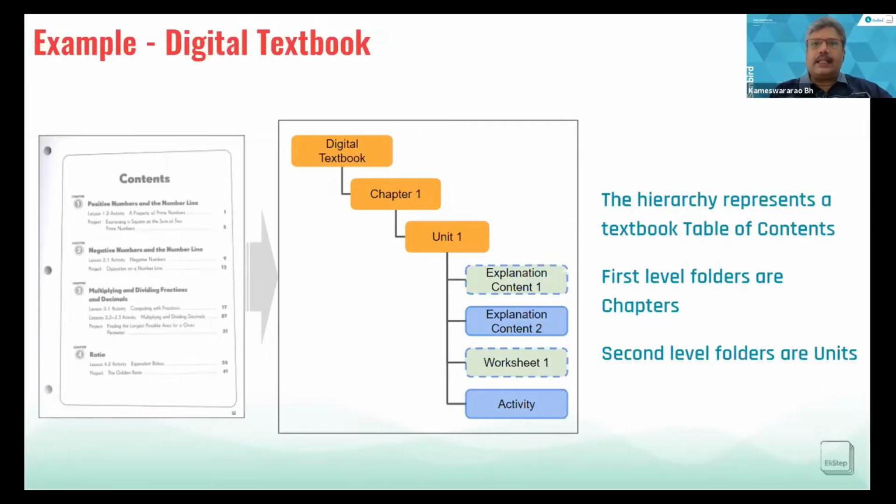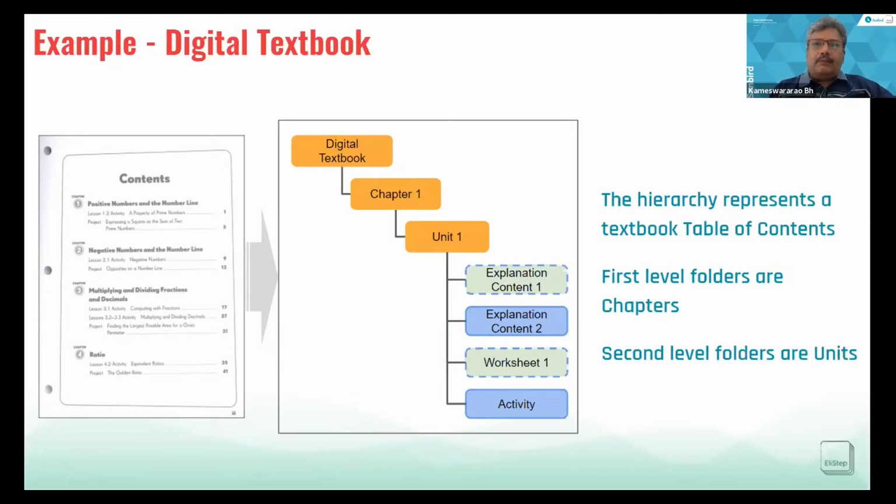For example, a digital textbook. You can define a digital textbook as a collection category, and say that it will have 2 levels of hierarchy. My first level is called chapters, and the second level is called units. It's just an example. You can even define 3 levels and call the first level chapter, the second level unit, and the third level subunits.